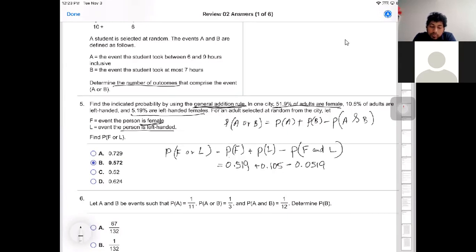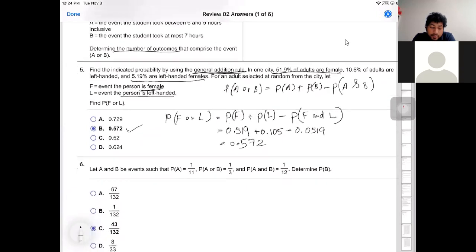So once you calculate this value, you will get 0.579422. Okay, this value. So that's how we use the general addition rule.